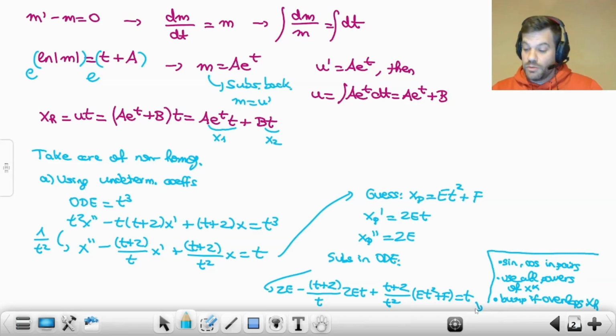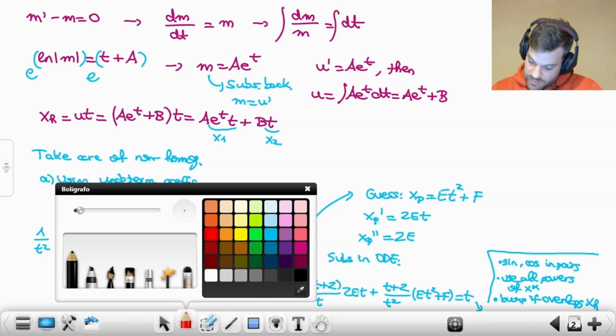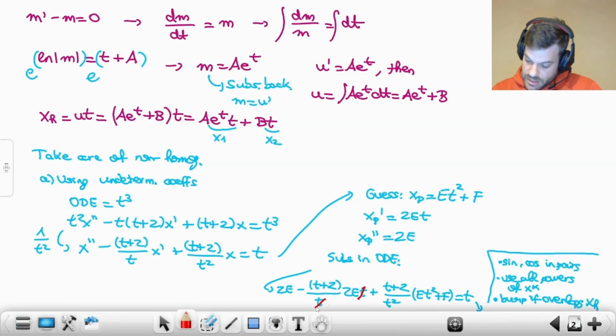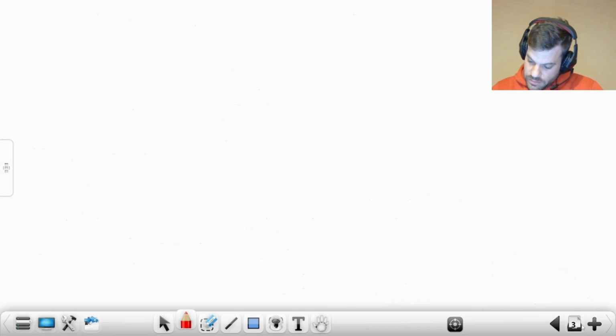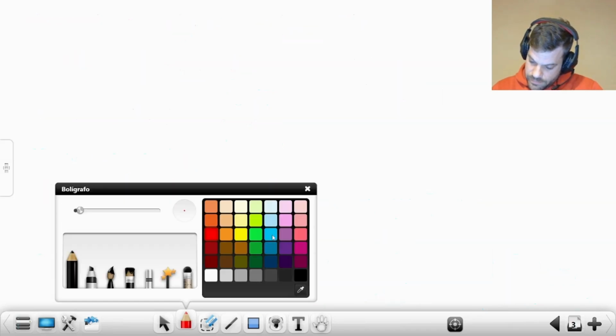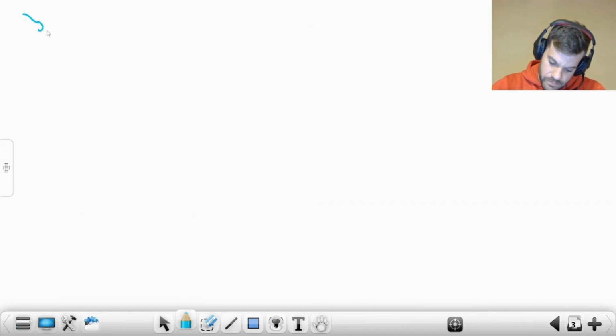Then keep going, multiply and regroup by analogous structures. Before doing so, let's simplify a little bit. This and this cancel out. So there is 2e minus 2et minus 4e, right?